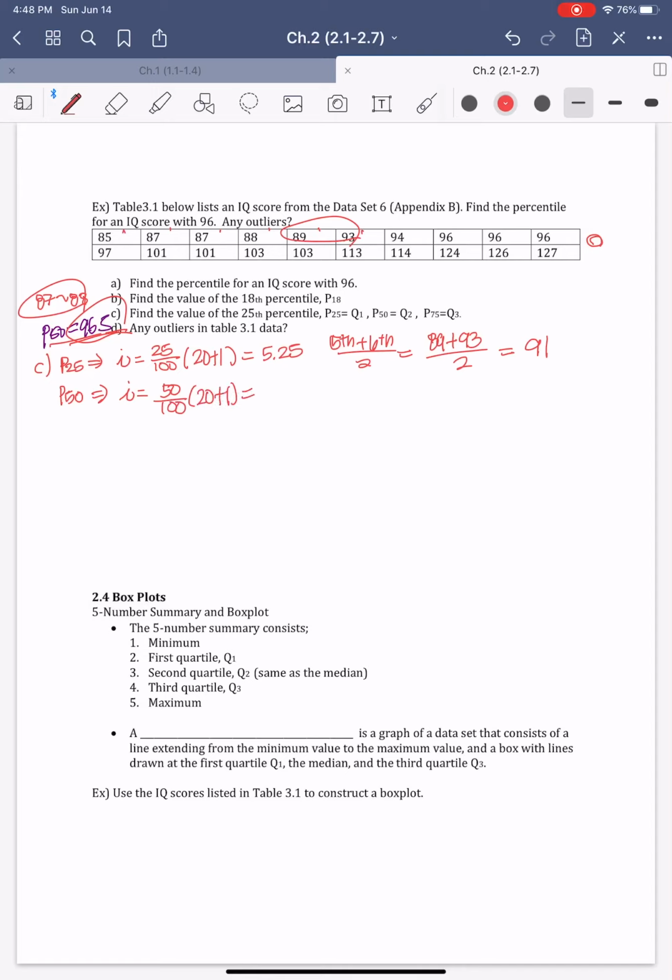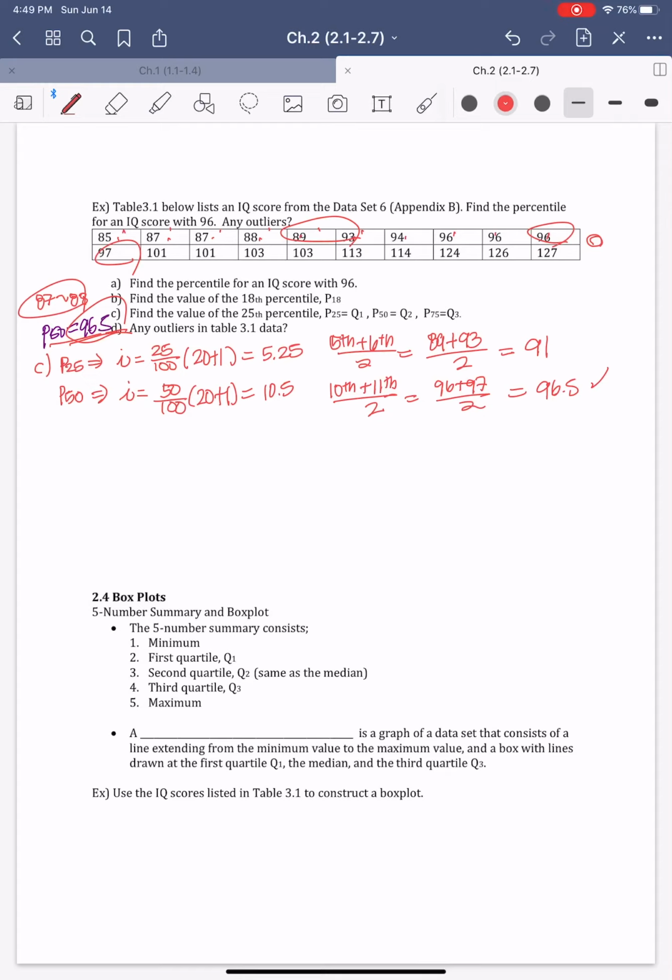Doing the calculation, I got 10.5. Again, not a whole number, so round: 10th position plus 11th position divided by 2. So 1, 2, 3, 4, 5, 6, 7, 8, 9, 10, 10th is 96, 11th is 97. 96 plus 97 divided by 2 equals 96.5. That's good.